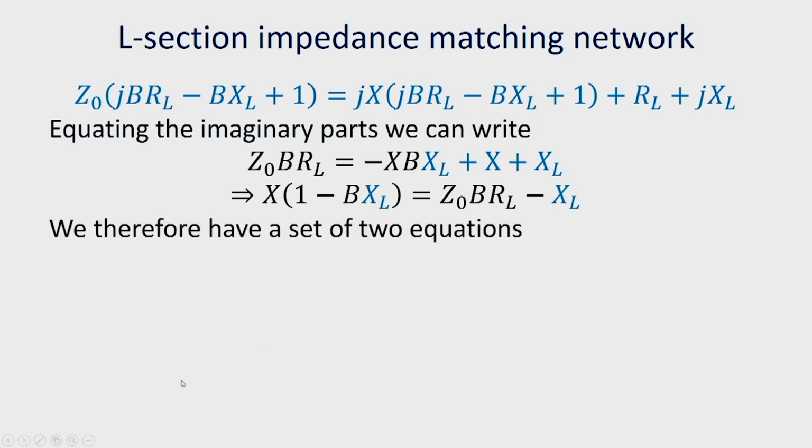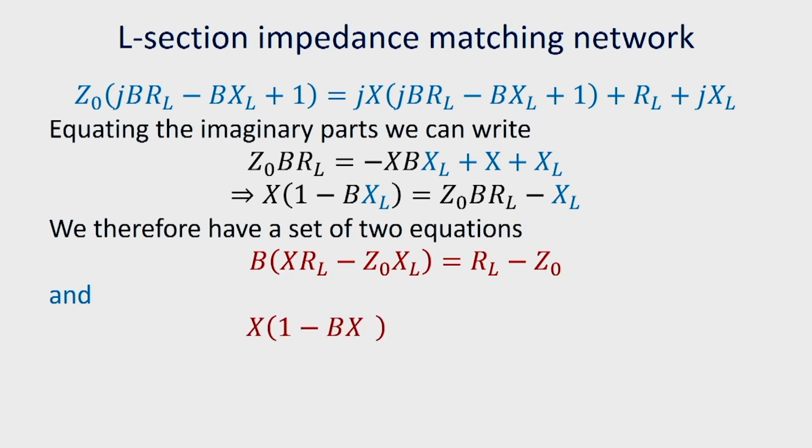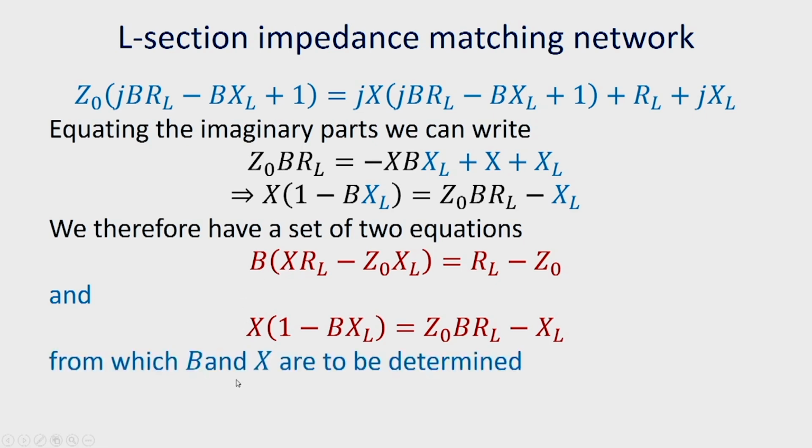And therefore, now we have a set of two equations, one from equating the real parts and another by equating the imaginary parts. And from this set of two equations, we can now solve for B and X, which are the unknowns.